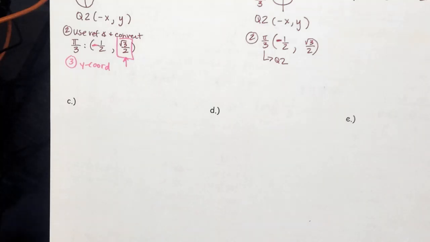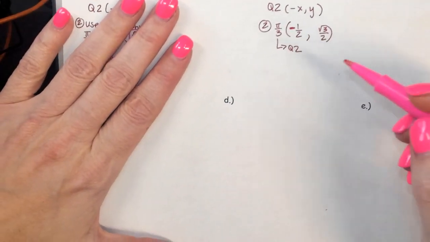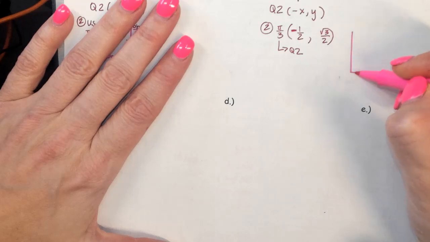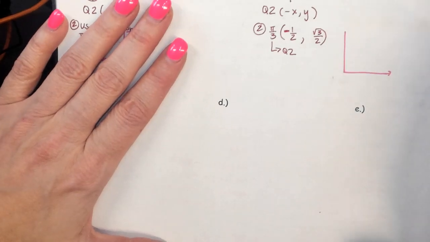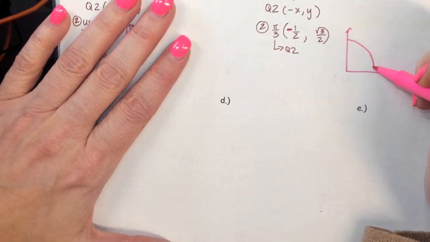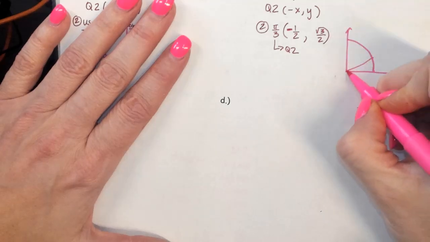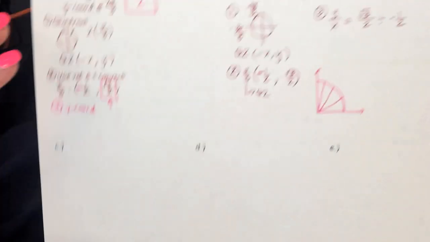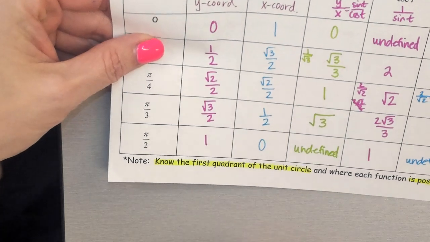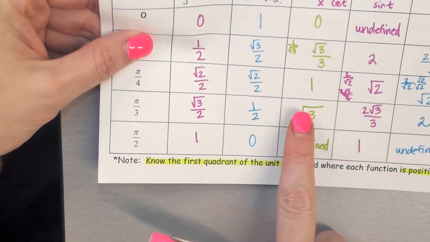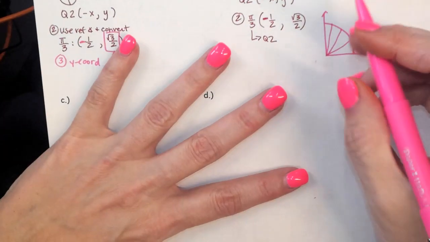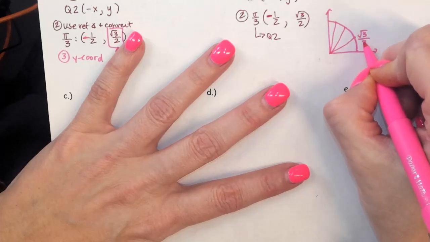Okay, another way you can do it is if you know the first quadrant with your tangents. Okay, so when you calculated the tangents today, on the front side, you have 0, root 3 over 3, 1, root 3. You can remember these.